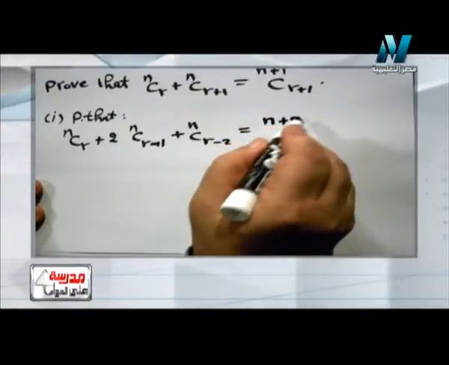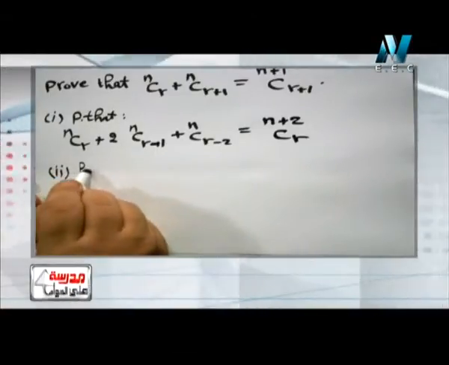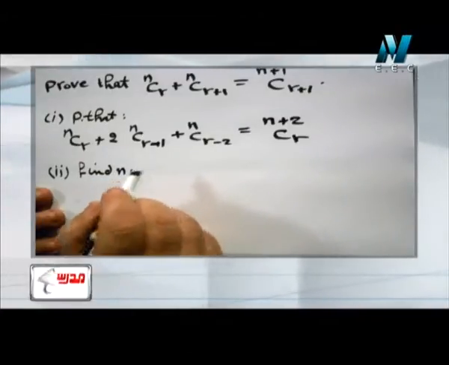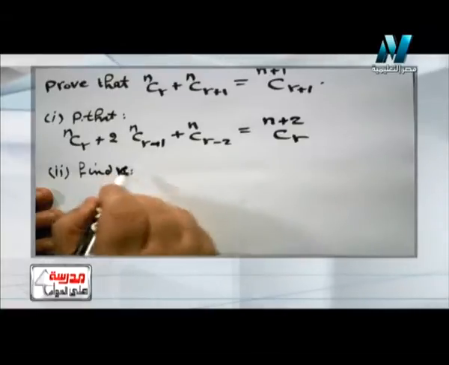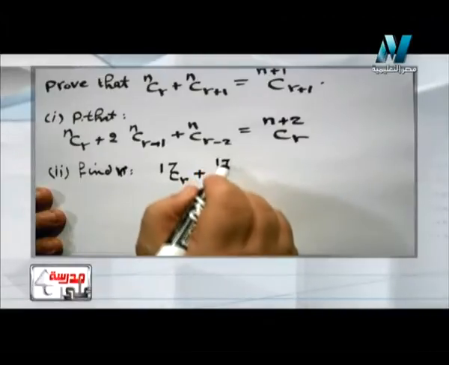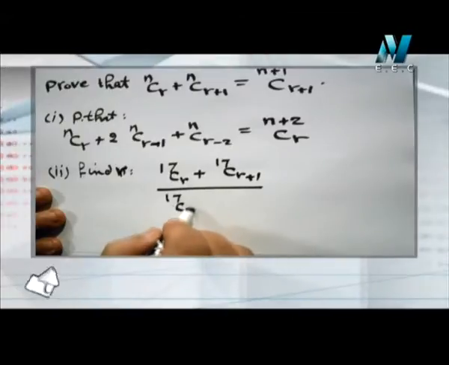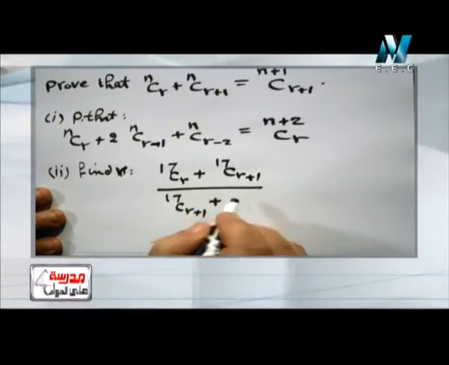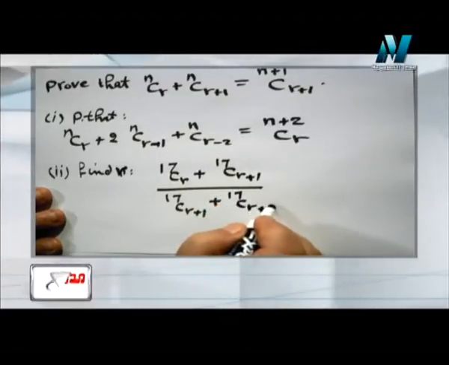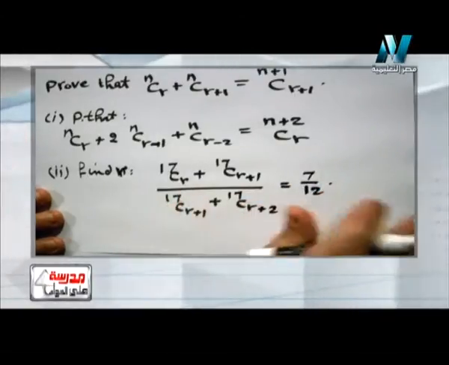Requirement number 2, the second requirement, says solve the equation: 17CR over 17CR plus 1 plus 17CR plus 2 equals 7 over 12. This is the example.